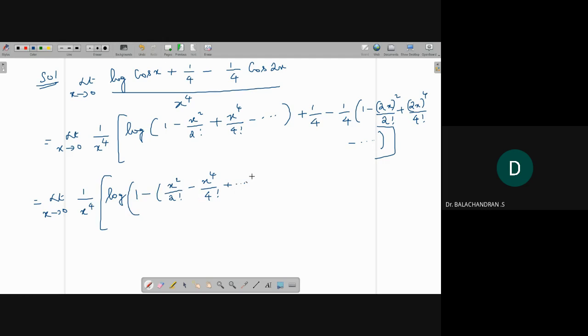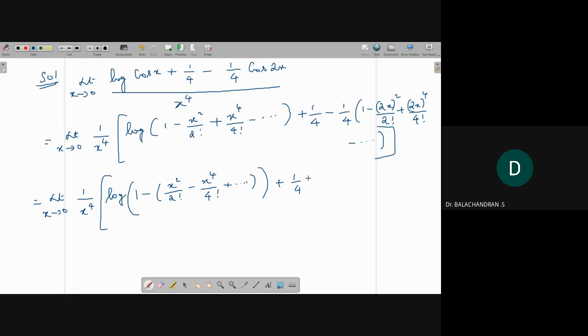Close this bracket and then the log bracket, and then plus 1 by 4. First I will multiply these two.